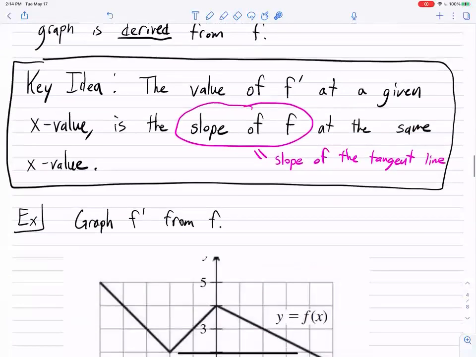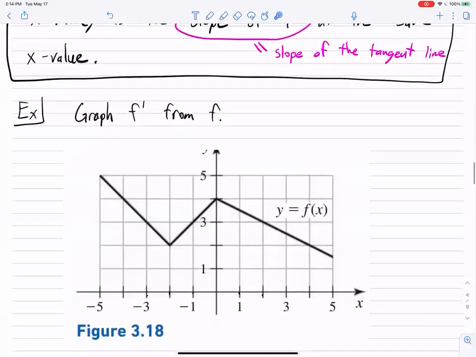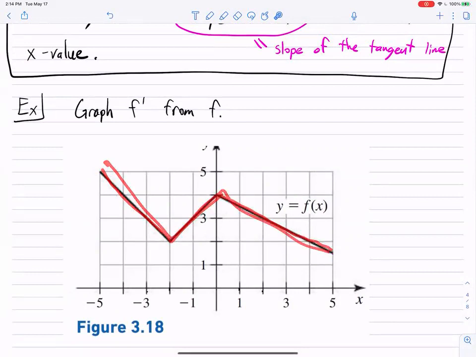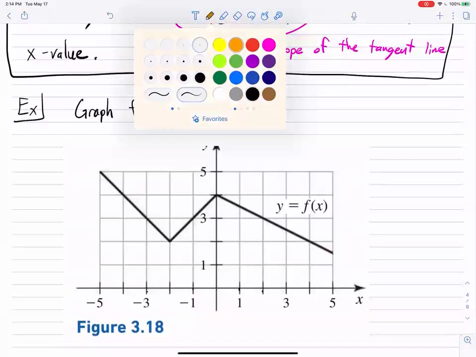So here's an example. Let's say that this is my function f. I'm given this piecewise, spiky, mountain-like function, where the slopes are all constant slopes. And I want to graph the derivative from this. For the x values from here to here, and maybe I'll do these in color actually, so let me do this first one in orange.